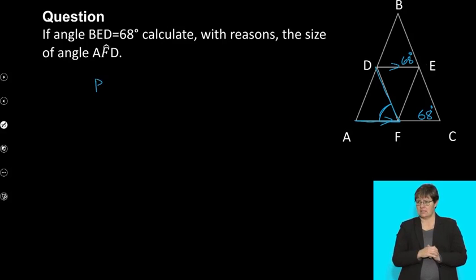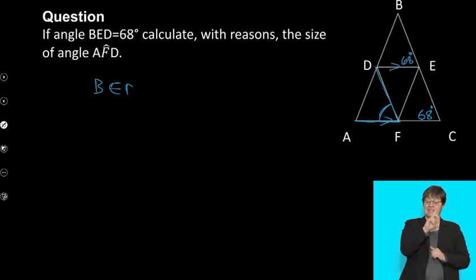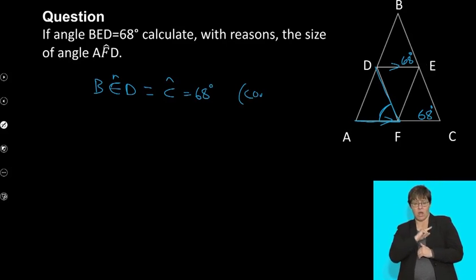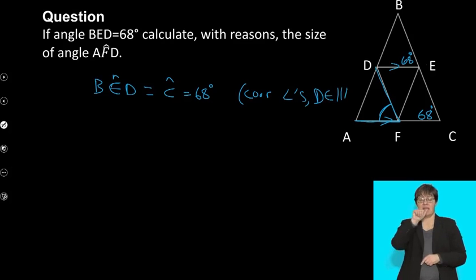So I will then say, firstly, BED is equal to angle C, which is equal to 68 degrees, and this is corresponding angles, right? Because DE is parallel to AC.